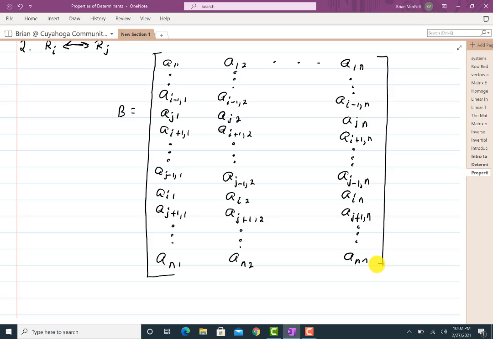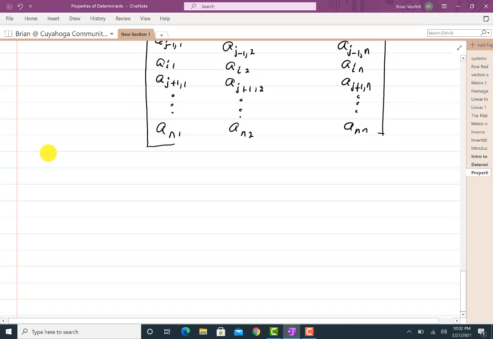All right, so we are going to do the same thing as before. I'm going to operate on a row that is not involved in these swappings. So I've dealt with rows I and J. They've been swapped, so I'll pick a row that's not equal to either one of them.